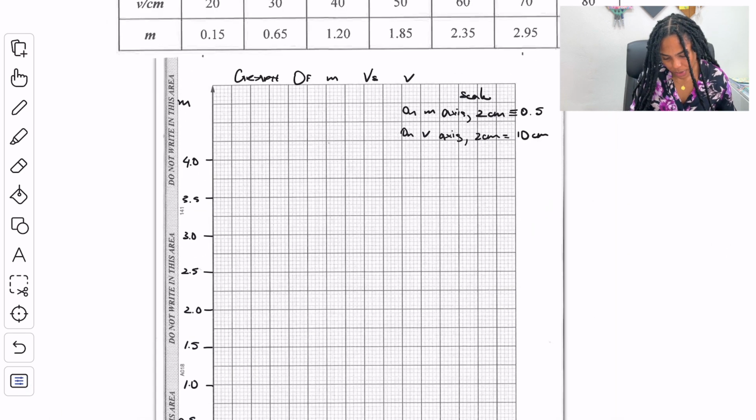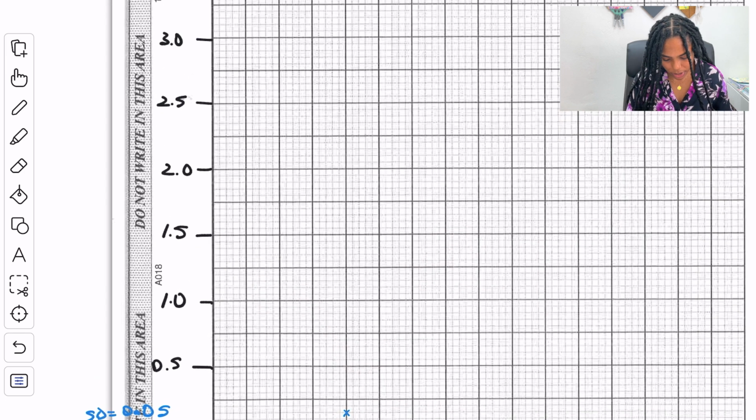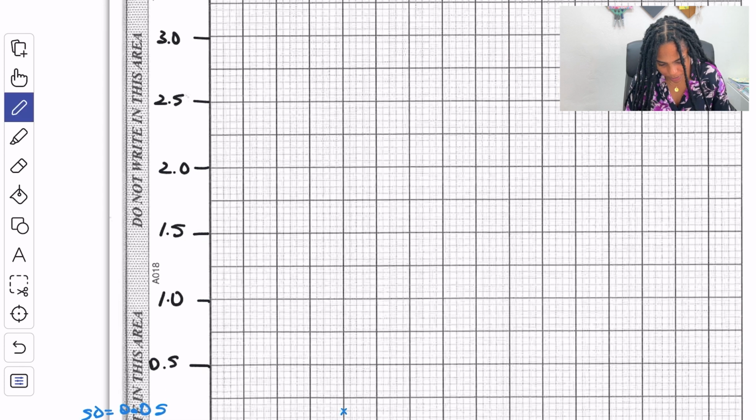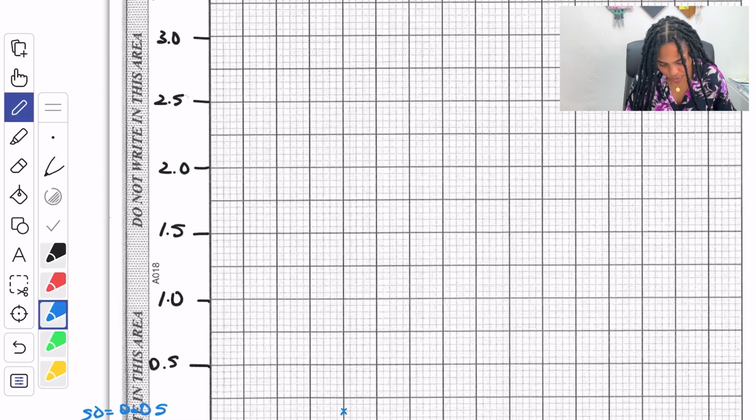Then 30 centimeters and 0.65, so in line with 30, and then 0.65, we have 0.5 here, so 0.5, 0.55, 0.6, 0.65.